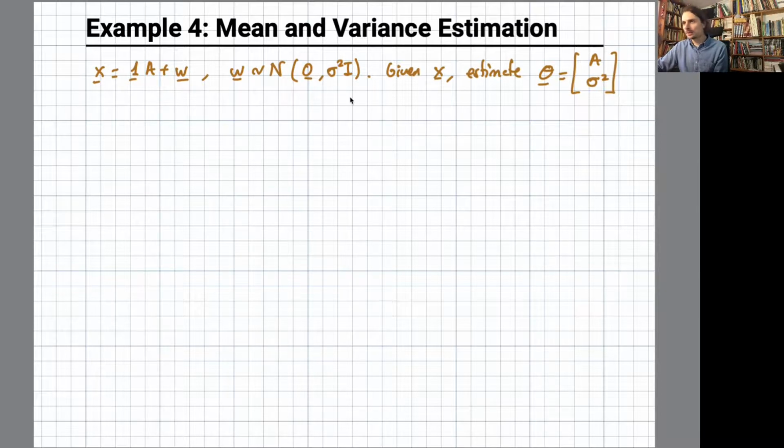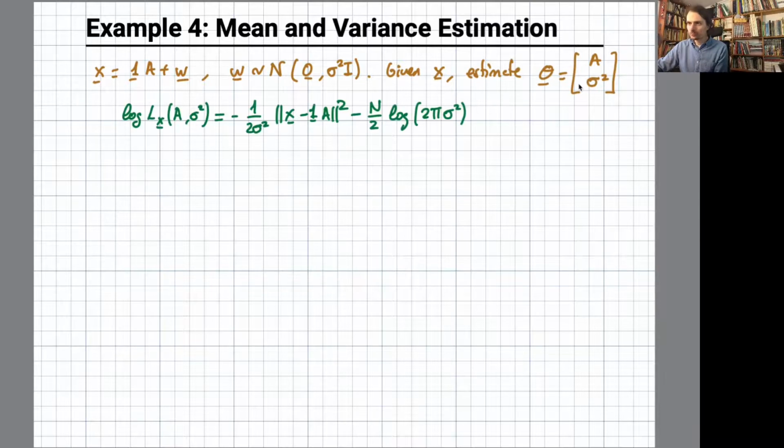So this is formulated in terms of our notation as estimating this vector of parameters, which comprises A and sigma square as its entries. The log likelihood function is now obviously a function of both A and sigma square, but it has the same form as before because it is just the log of the PDF, and the PDF is the same as in the previous examples, okay?